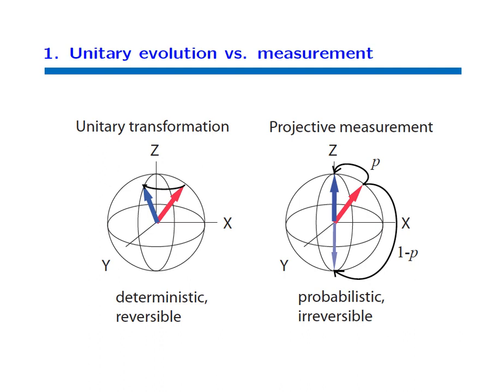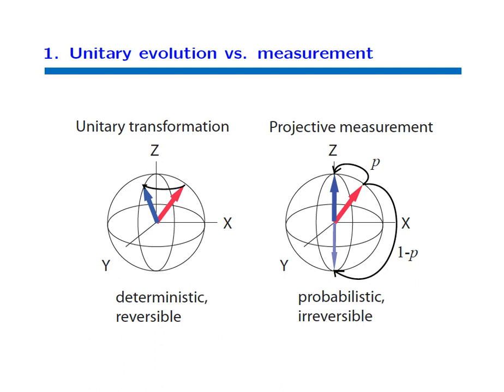In both respects, measurement is different. So first, measurement is not deterministic, measurement is probabilistic. That is, if I do a measurement on my system, there's no way of knowing what I'm going to get. The outcome is typically really probabilistic, and according to quantum mechanics, cannot be predicted in the individual case. Also, measurement is irreversible.